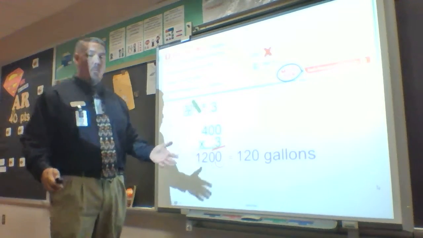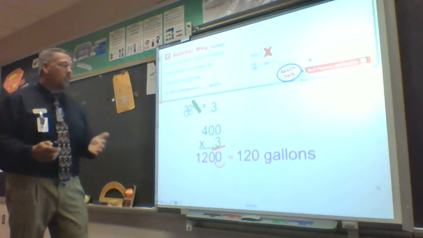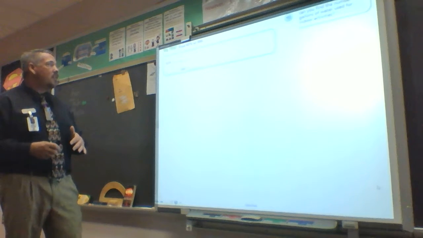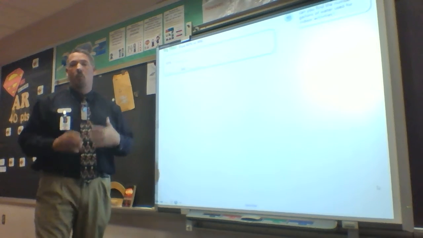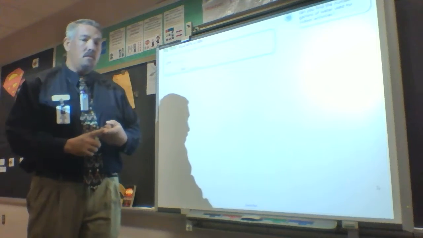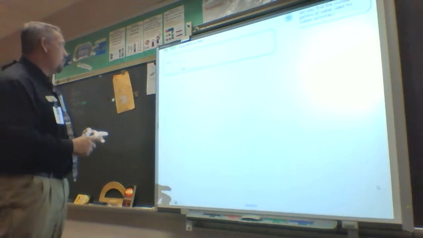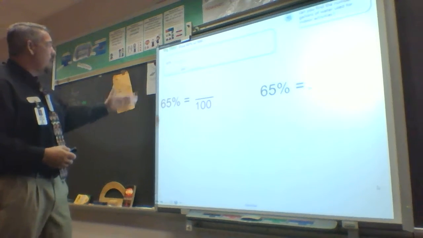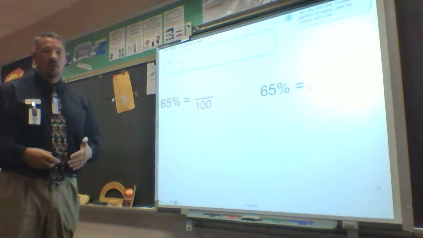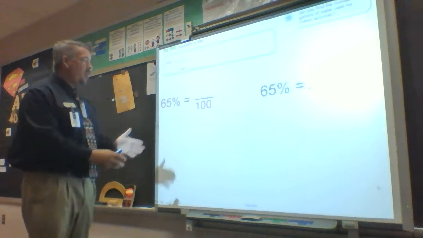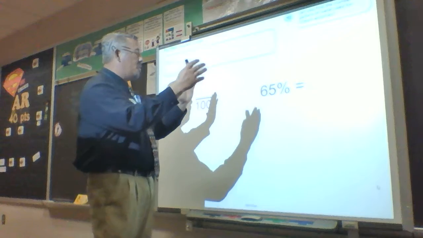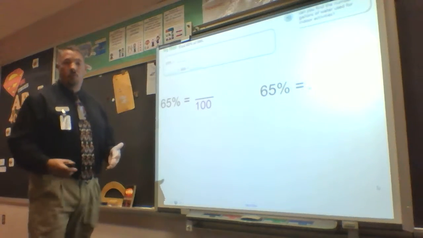So there were 3 different ways that I worked through that math problem alone, but we're going to focus in on just doing it the 2 main ways. Either using a fraction or using a decimal. So on this one, I'm going to use 65%. Now on the left, I'm going to do percents, or fractions, and on the right, I'm going to use decimals. Okay?